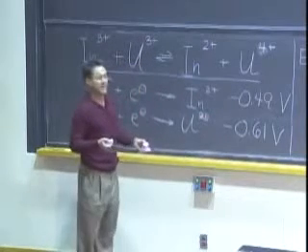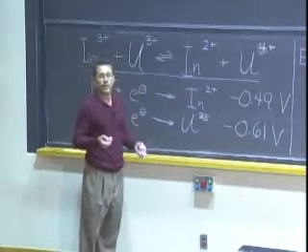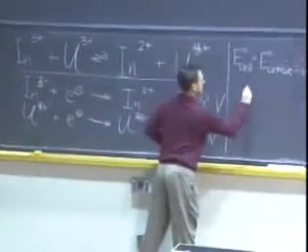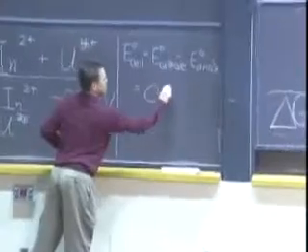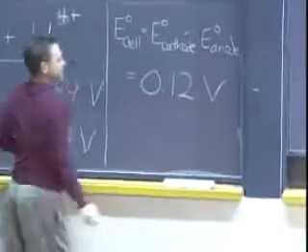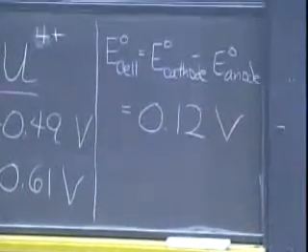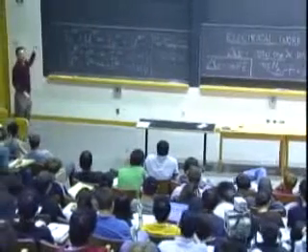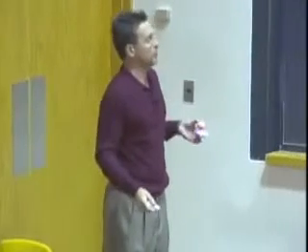And how much more negative is it? It's more negative by positive 0.12 volts. And because this cell potential is positive, we know that this reaction is spontaneous as written.